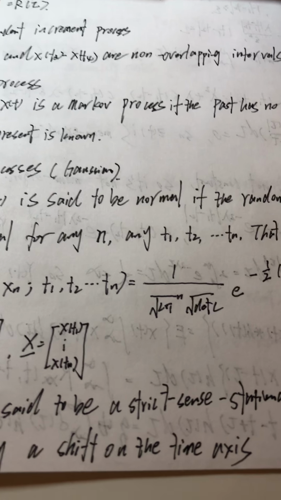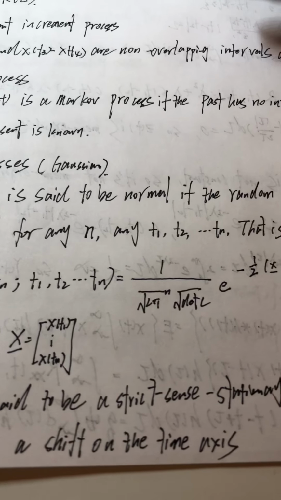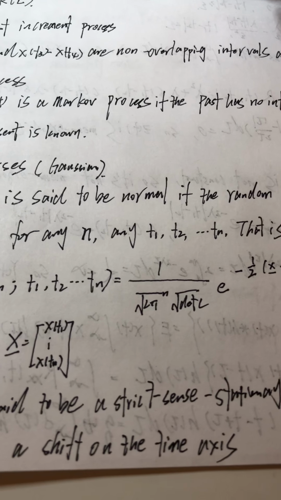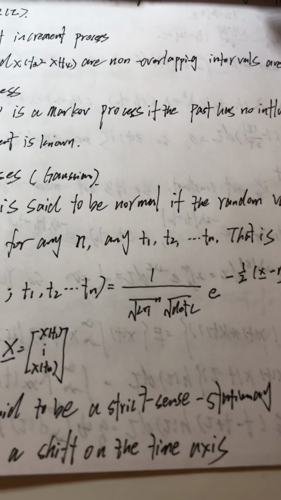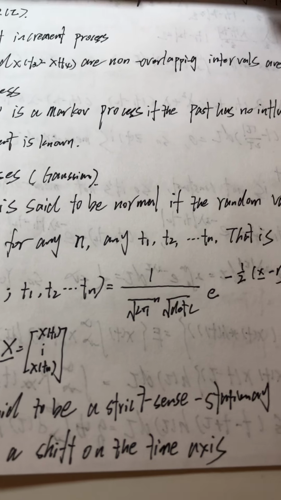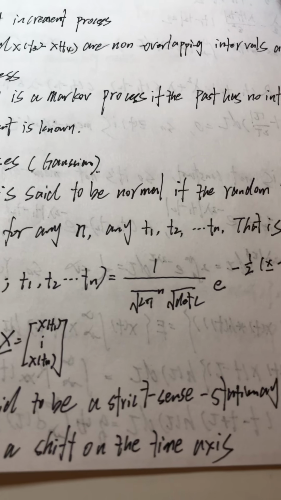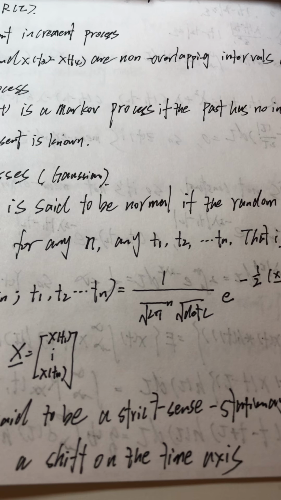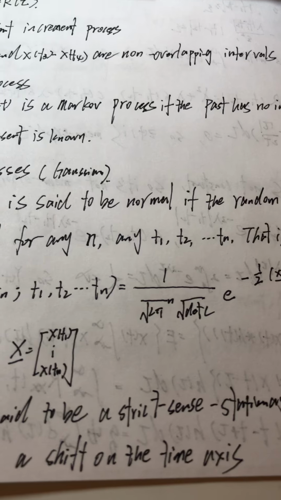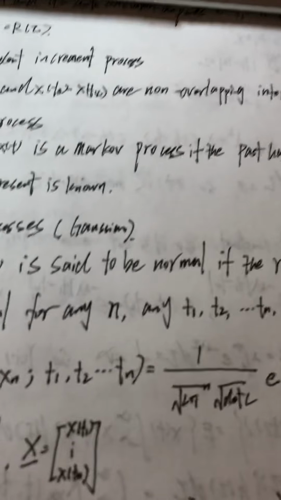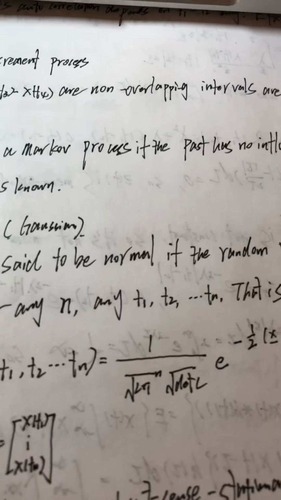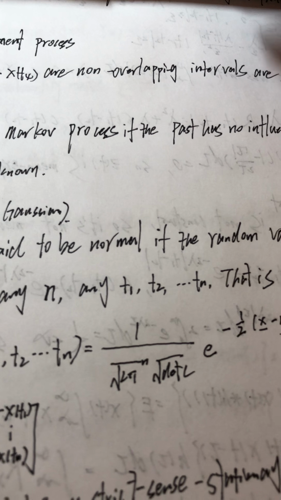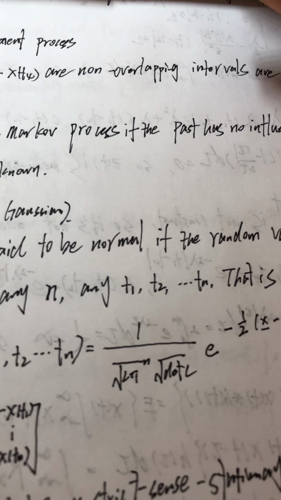Because a strict sense stationary process requires f_X(x1 to xn; t1 to tn) equals f_X(x1 to xn; t1 plus epsilon to tn plus epsilon). So this condition is very hard to meet.